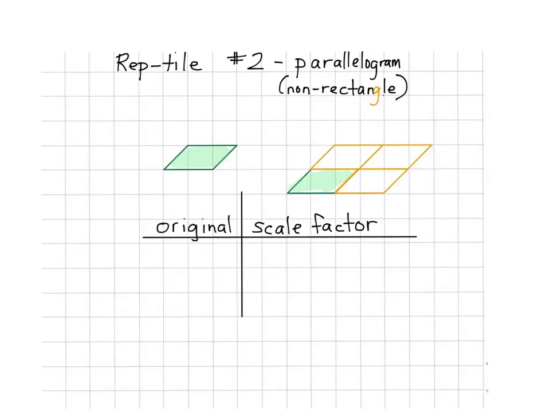So if I look more closely at the height of my parallelogram, you'll see that the height on the left is actually half of the height on the right. So we would say that the scale factor is 2 because the original had a height of 1 unit, and the copied image had a height of 2 units, so therefore the scale factor is 2.